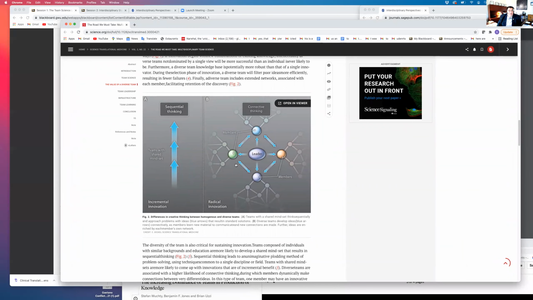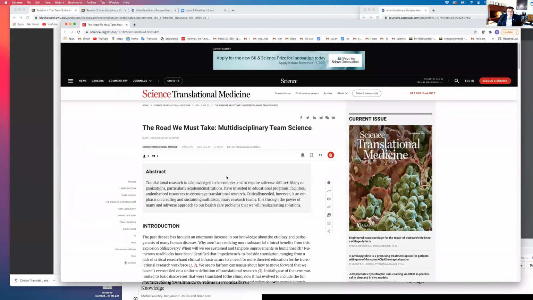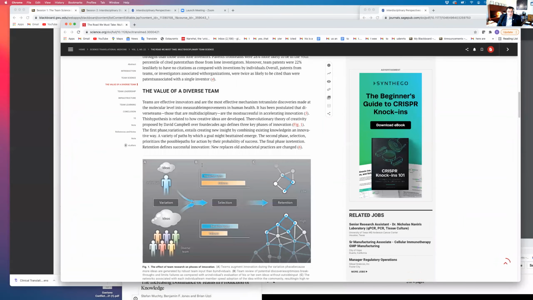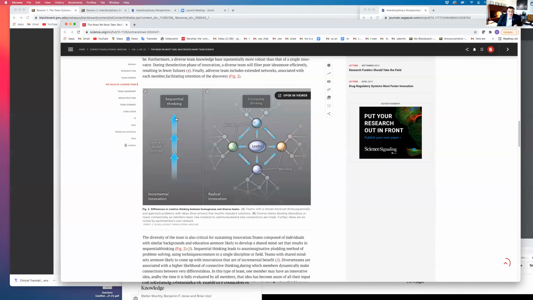This is the article in Science Translational Medicine by Dices and Slattery, and they have this great model here that shows the difference between sequential thinking and incremental innovation. This actually comes from a very old assumption about innovation that came from Thomas Kuhn, who stated that innovation occurs in spurts.